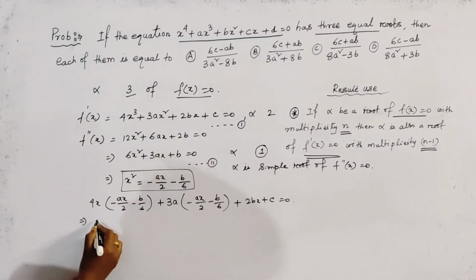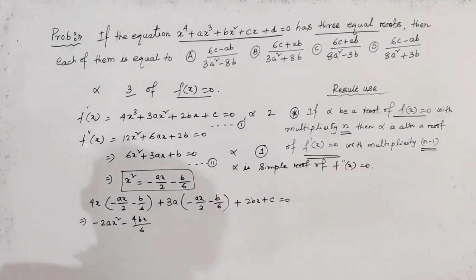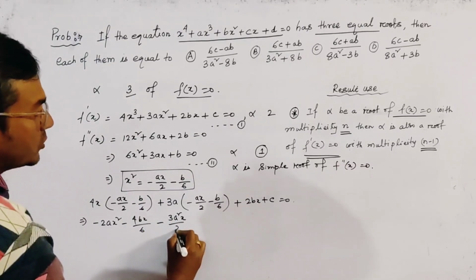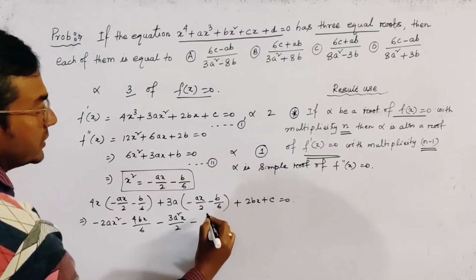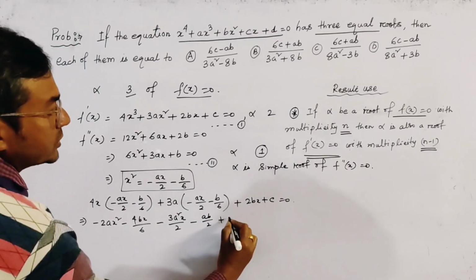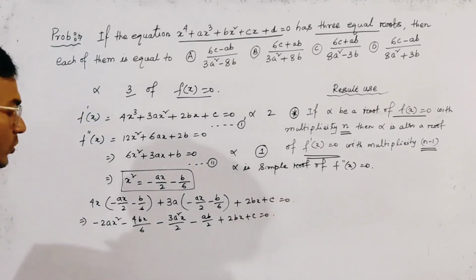We put the value of x square in equation number 1. Now we get minus 2a x square minus 4bx by 6 minus 3a square x by 2 minus ab by 2 plus 2bx plus c equal to 0.